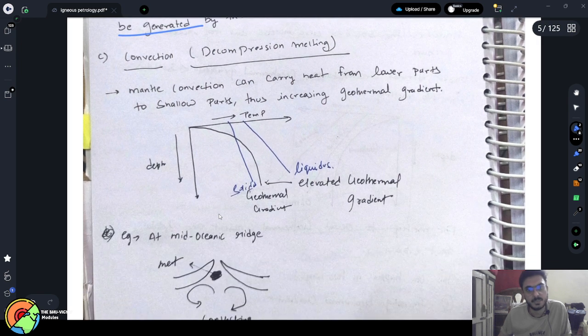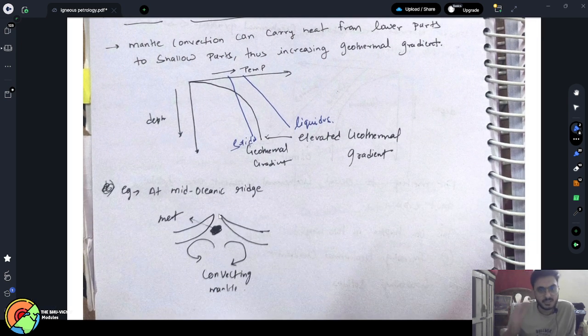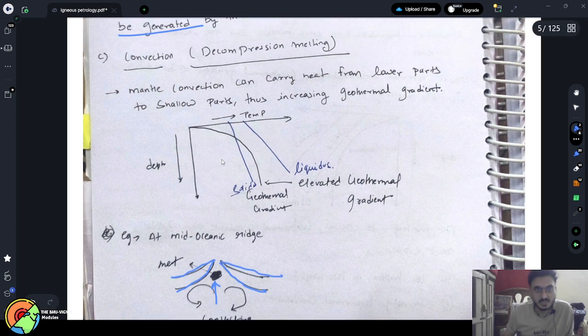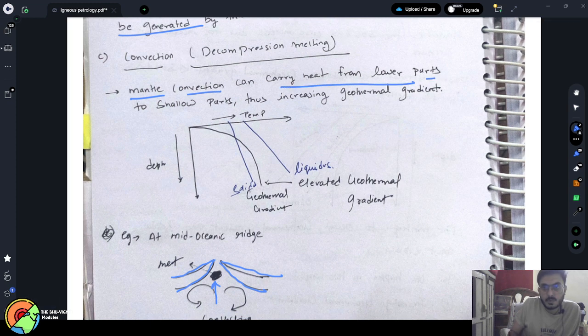Another is decompression melting. So what is decompression melting? As you can see here, this magma rises up, and it increases the temperature of the crust nearby. So it will increase the temperature here. This mantle convection can carry heat from the lower part to the shallower part and thus increase the geothermal gradient.